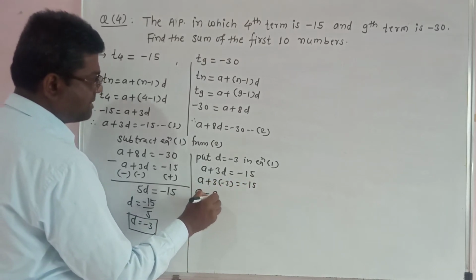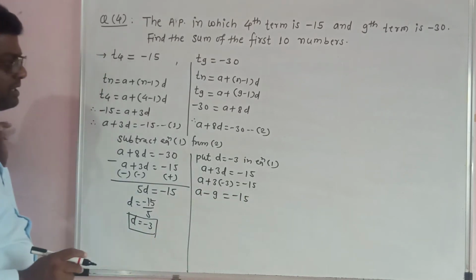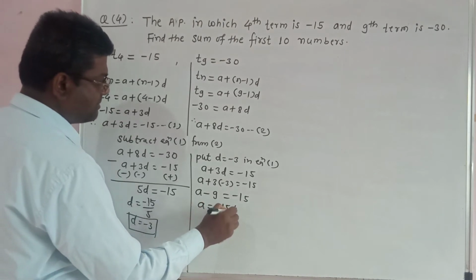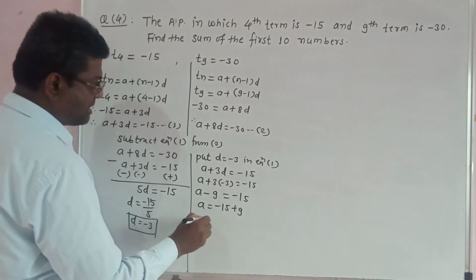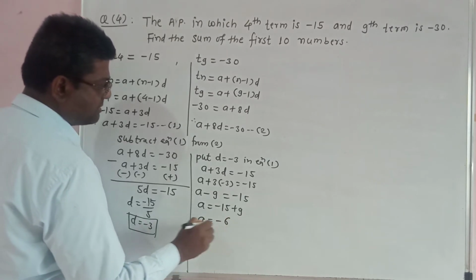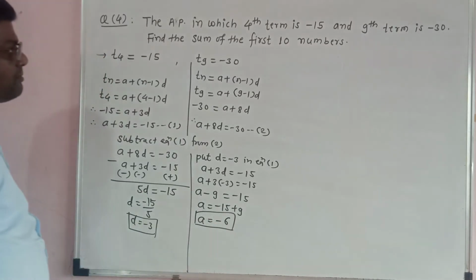So a minus 9 is equal to minus 15. Therefore a is equal to minus 15 plus 9. Therefore a is equal to minus 6. So the value of a will be minus 6.